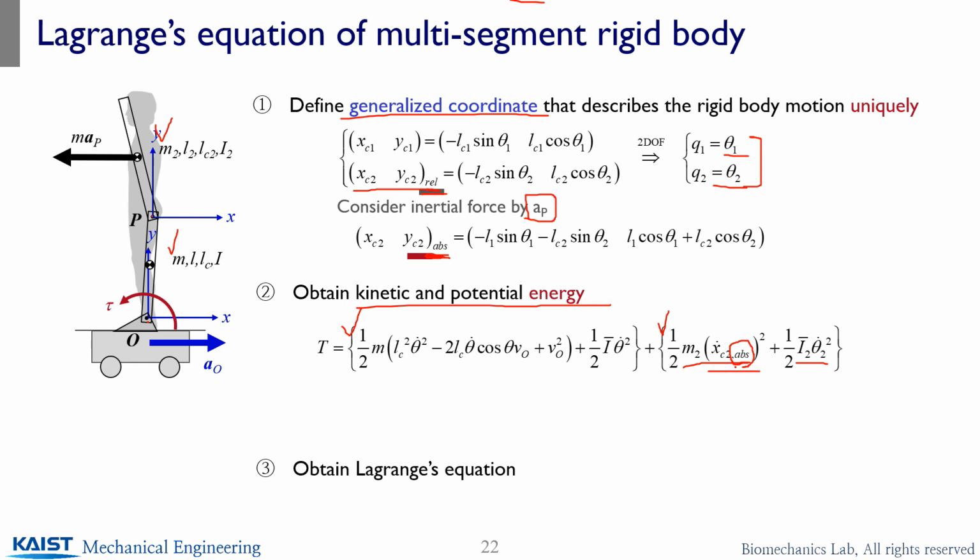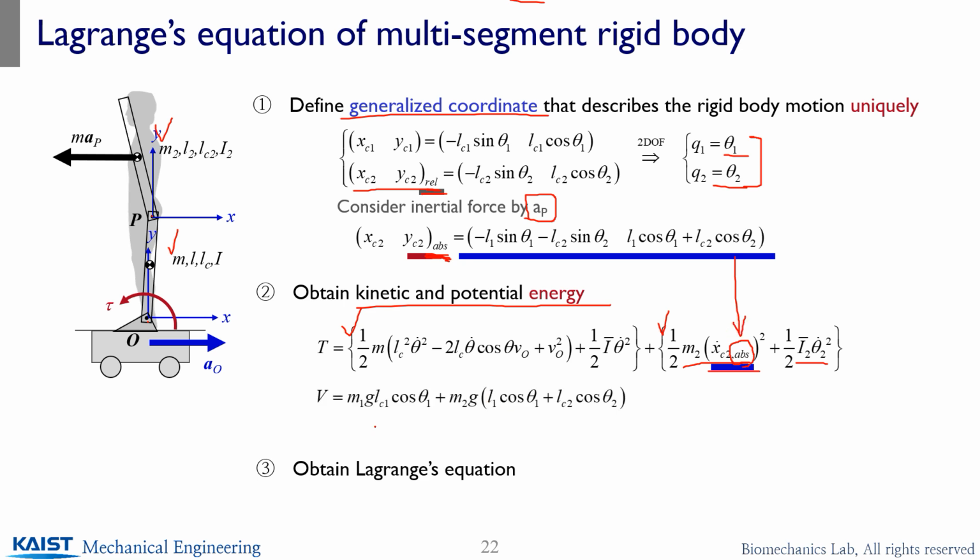The energy should be described with absolute velocity. Therefore, you had better formulate the coordinates in terms of absolute coordinate frames so that you can just use those values and their derivatives to formulate the kinetic energy for the Lagrangian. Okay. Same for the potential energy.